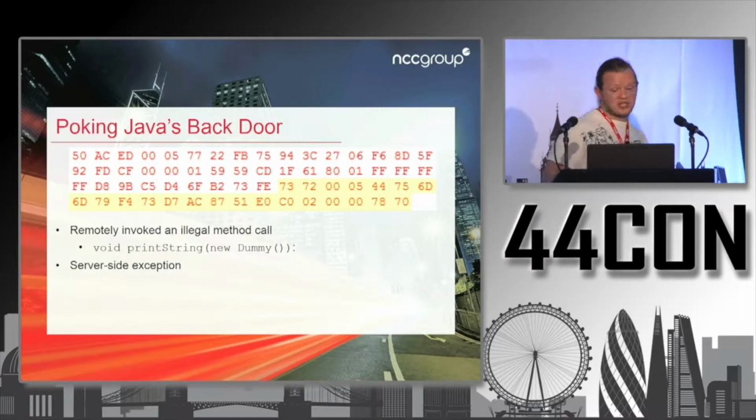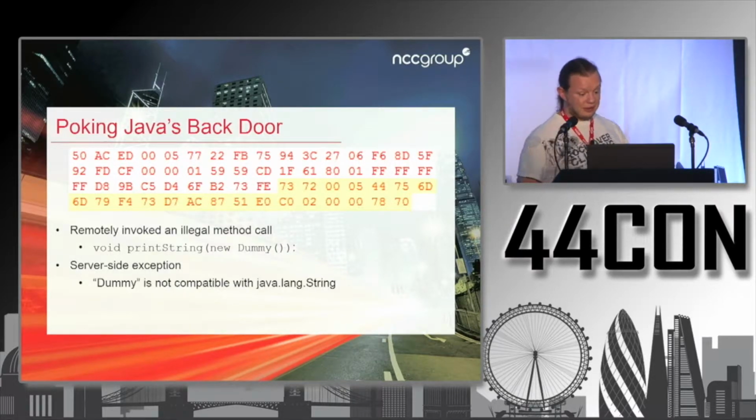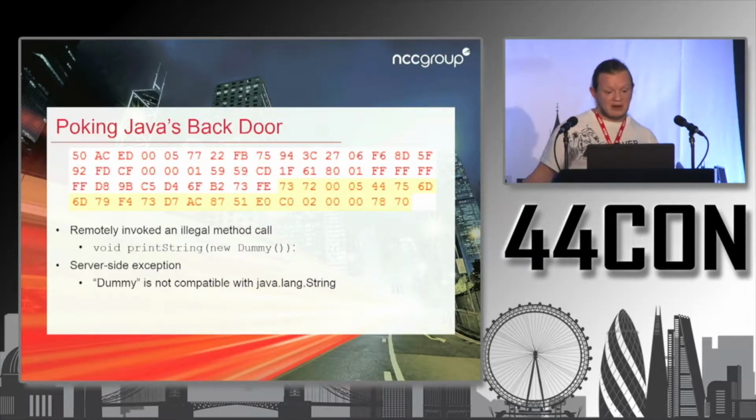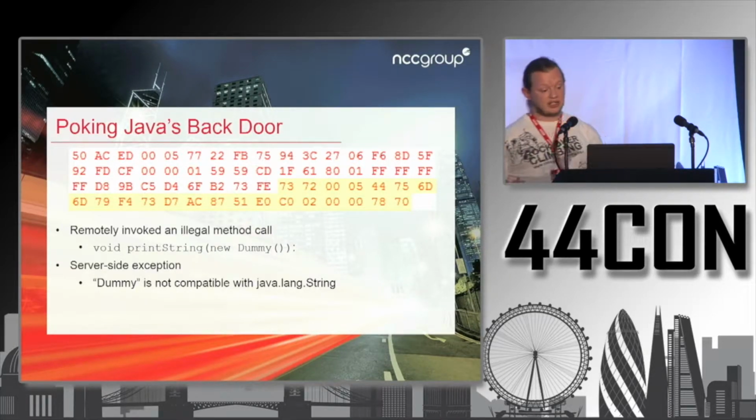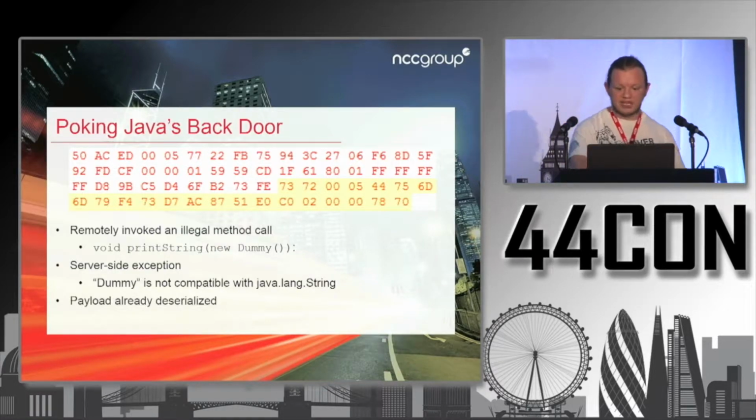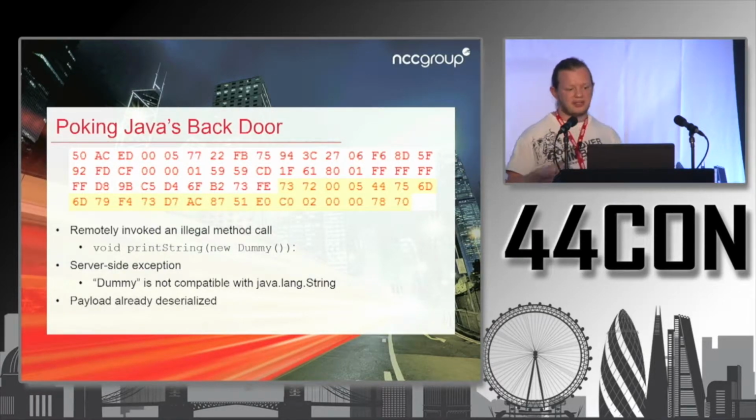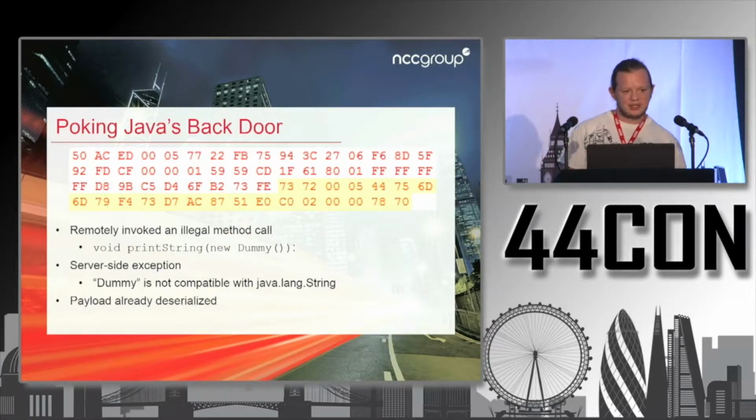So this caused the server-side exception because, like I said, dummy is not compatible with java.lang.String. So when RMI receives this request, this method invocation, it deserializes the parameter, tries to then assign that to the method call parameter. That fails, so you get an exception back. But by this point, the payload has already been deserialized.